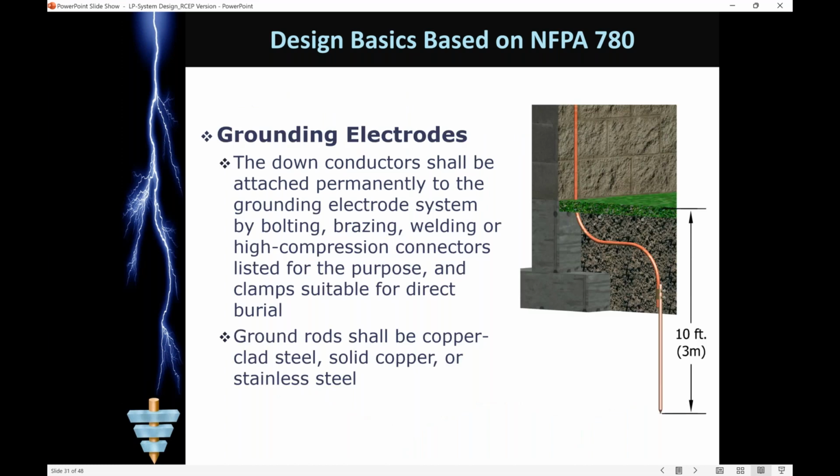The down conductor shall be attached permanently to the grounding system by bolting, brazing, welding, or high compression connectors listed for the purpose, and clamps suitable for direct burial. The ground rods themselves need to be copper-clad steel, solid copper, or stainless. Can't use galvanized rods for these applications.